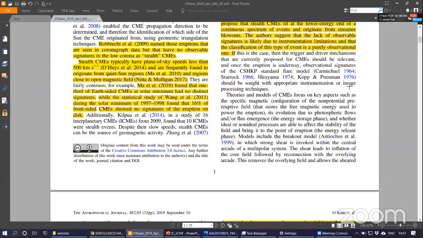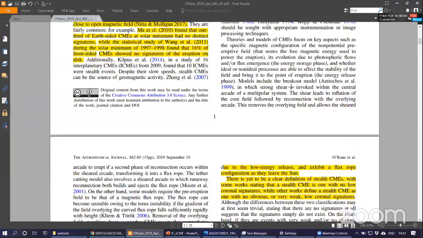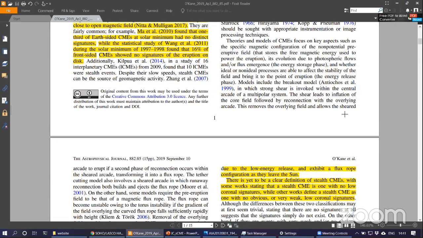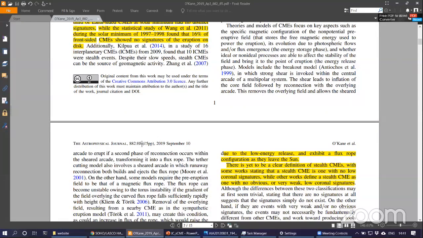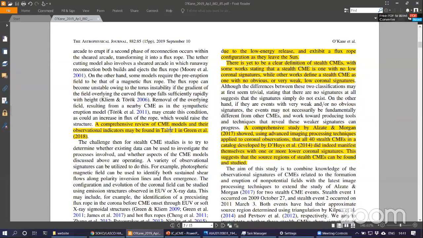There are some models for the typical CMEs, like the breakout model and kink or torus instability. There is a review article if someone is interested in these different models of CME eruption. They can go to Green et al. 2018.